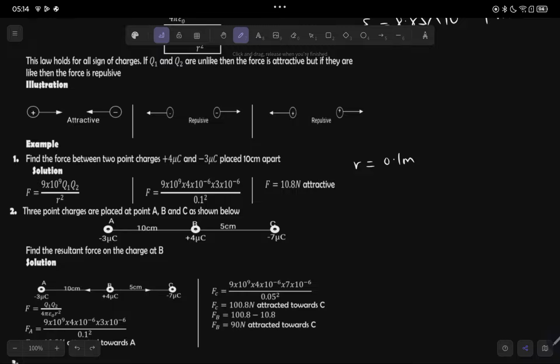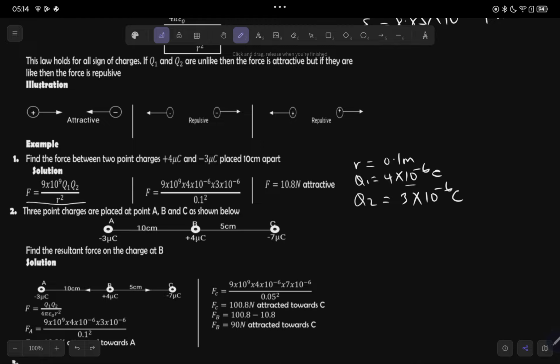Our Q1 is 4 times 10 power negative 6; micro stands for times 10 power negative 6. Then our Q2 is 3 times 10 power negative 6 coulombs. So the force is given by 9 times 10 exponential 9, the numerical value of 1 over 4 pi epsilon naught, times Q1 Q2 over R squared.